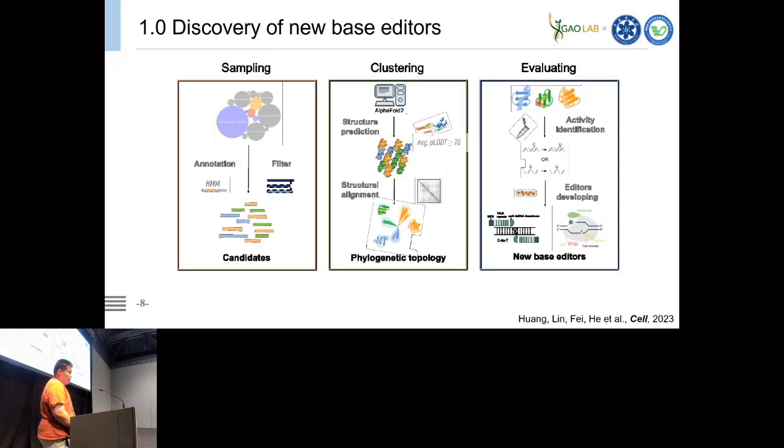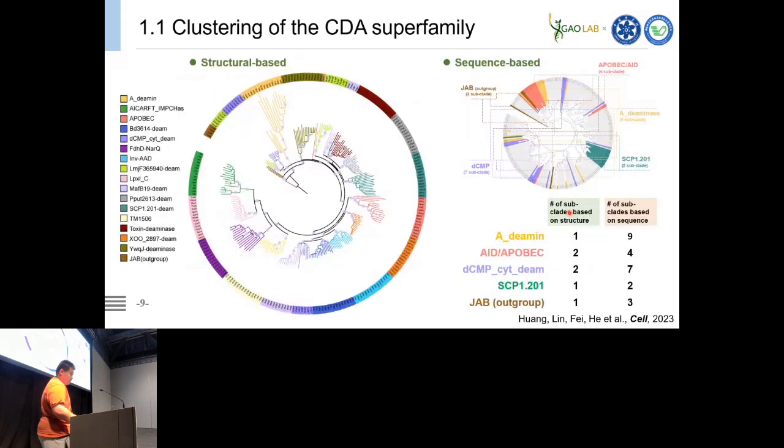We then screened candidates using a reporter assay and identified several new deaminases for base editing. When we grouped the proteins by structure, the relationship became much clearer than when using sequences. At that time, we used custom scripts and the UPGMA algorithm to build phylogenetic trees.